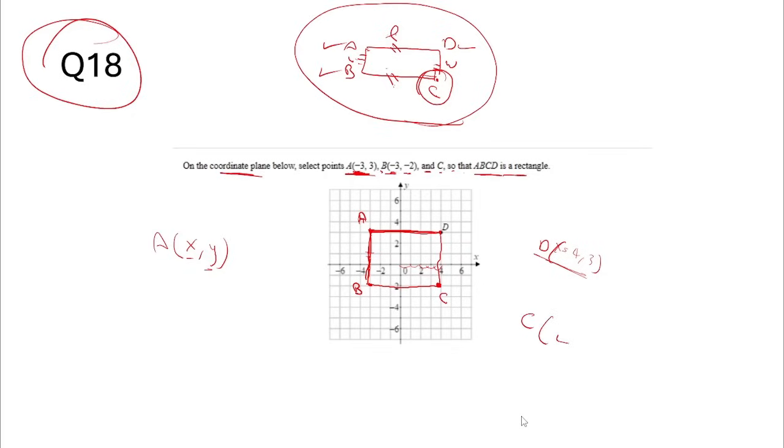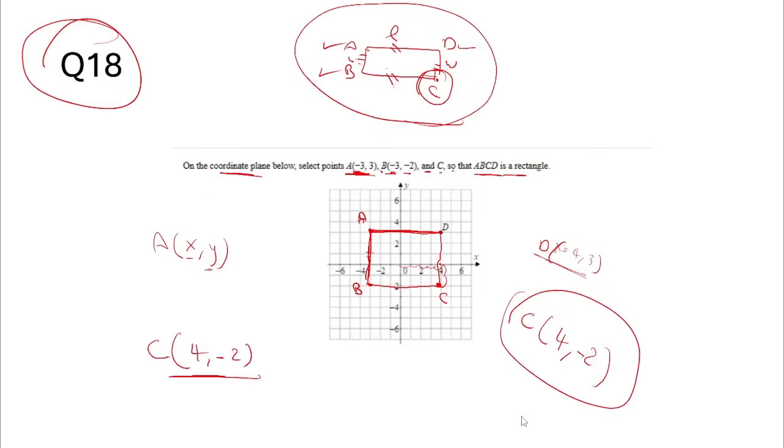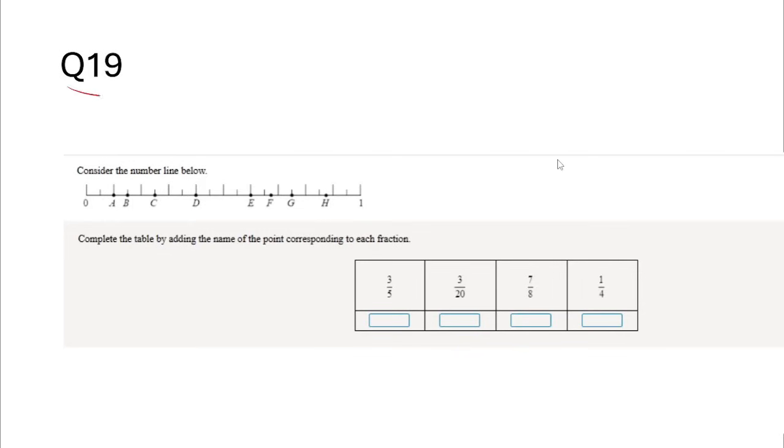So C, x is 4. And to go from here to this point, I have to go down 1, 2, minus 2. So the solution is point C is 4, minus 2. Okay?